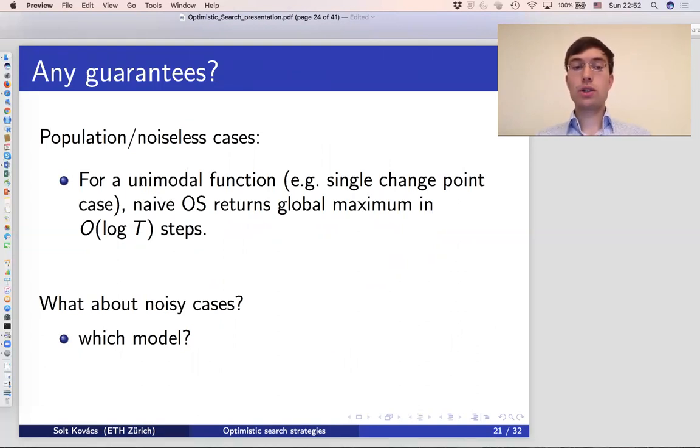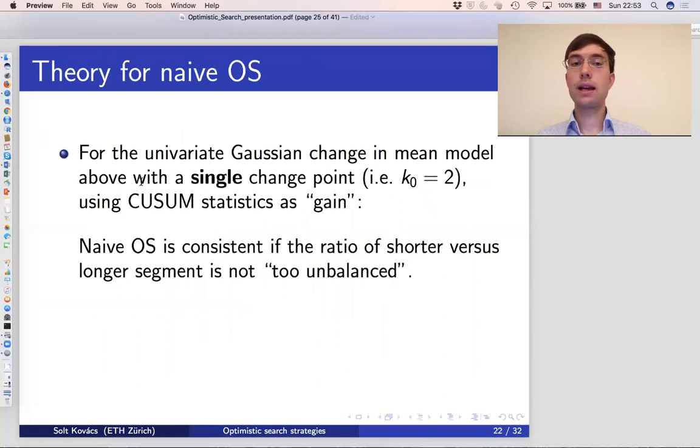But of course, the question is what happens in a noisy case, which is not smooth, but rather a very wiggly version, as in the first example that I showed you. So for this, let's consider this classical univariate constant change in mean setup that I introduced earlier, now with a single change point and the cumulative sums or CUSUM statistics as a gain.